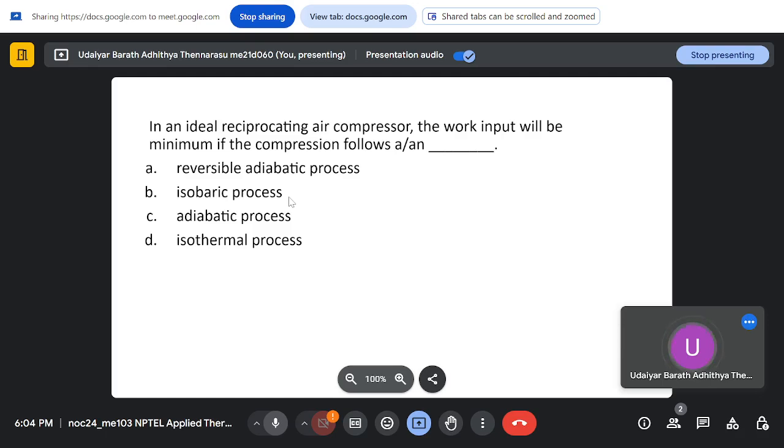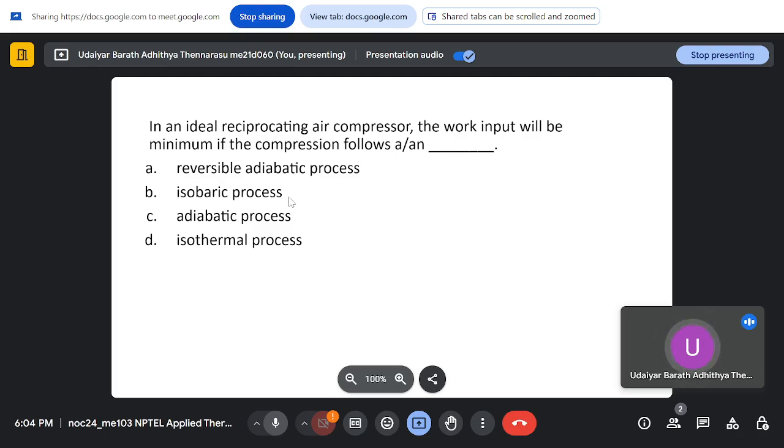Next is: in an ideal reciprocating air compressor, the work input will be minimum if the compression follows a dash: A. Reversible adiabatic process, B. Isobaric process, C. Adiabatic process, and D. Isothermal process. So you are doing a compression process by the 4 processes listed.